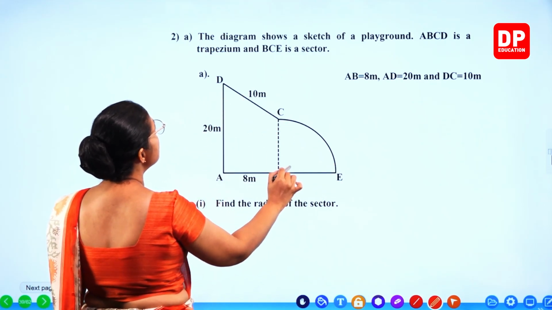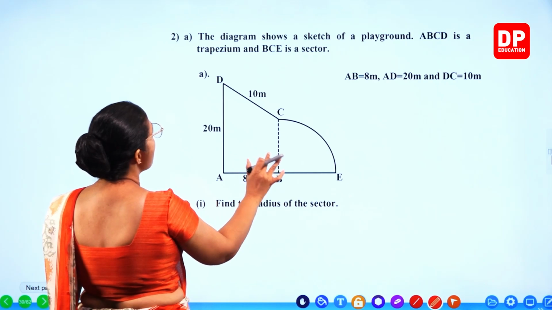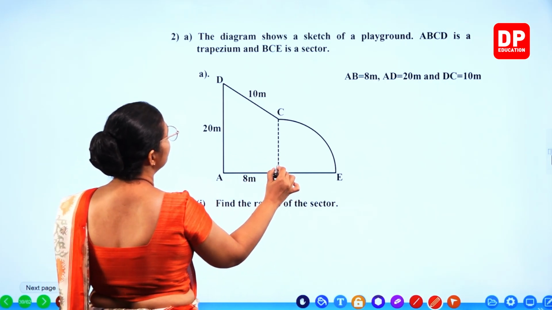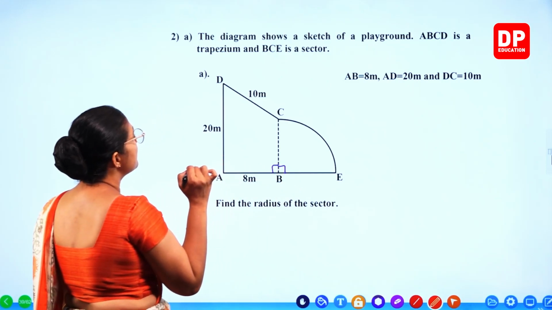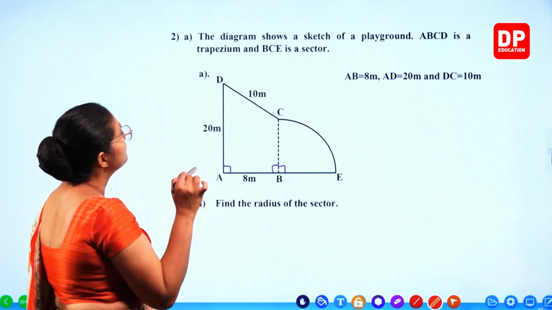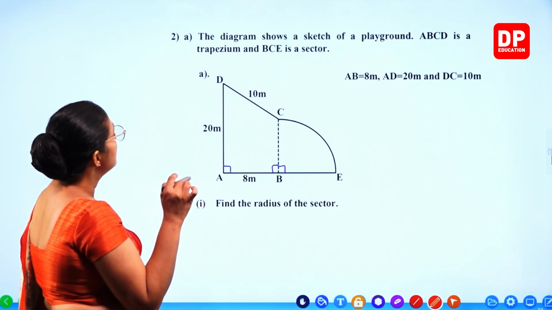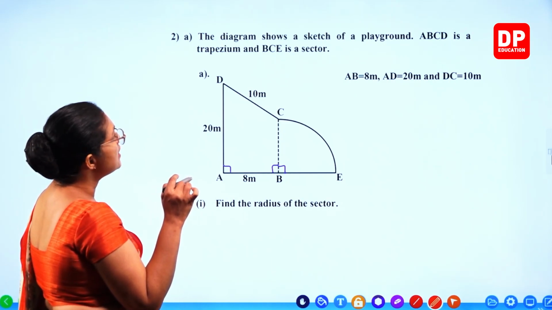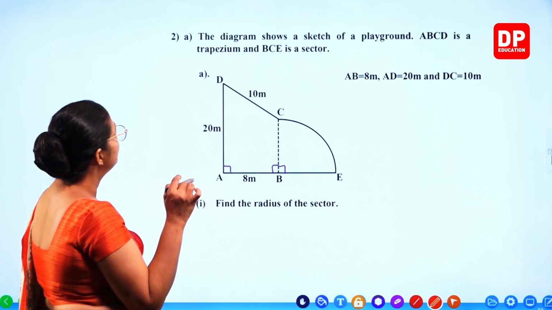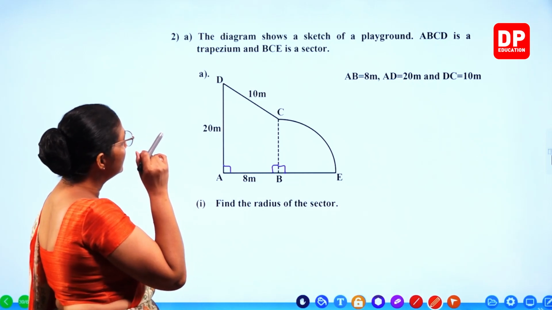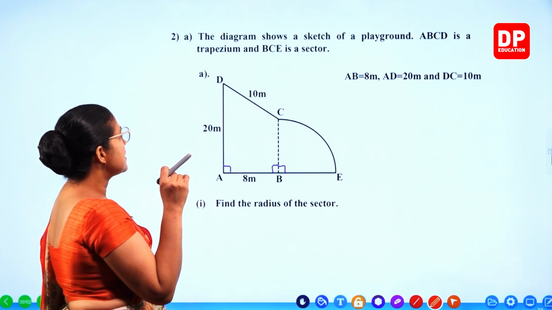A, B, C, D is a trapezium and BCE is a sector. So it's 90 degrees here. AB is 8, AD is 20 and DC is 10. Find the radius of the sector. How you find the radius?